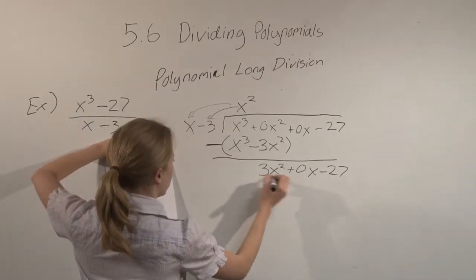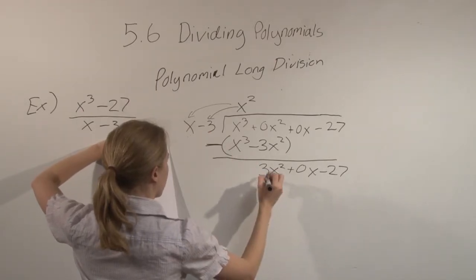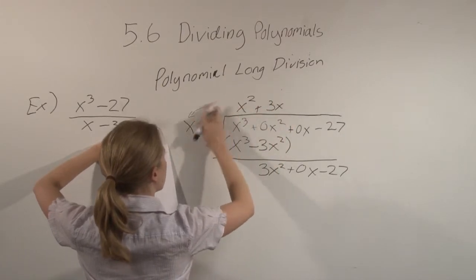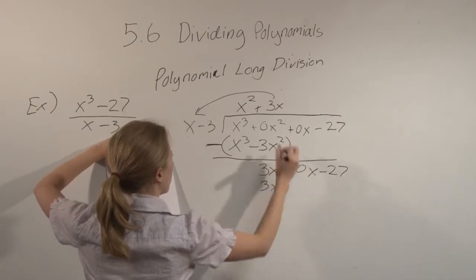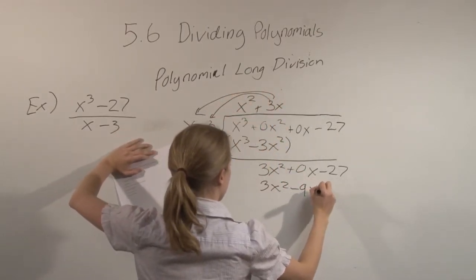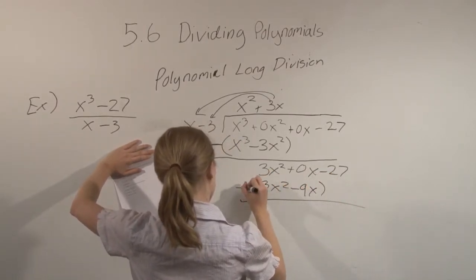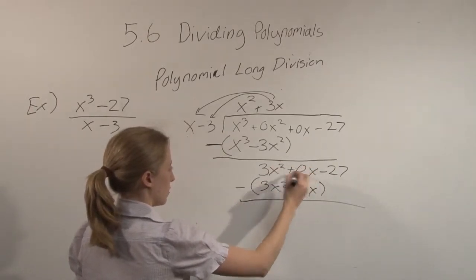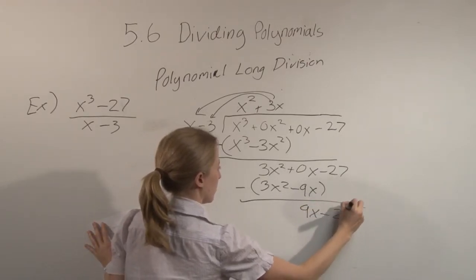So I'm going to multiply by 3x up here. 3x times x is 3x squared, and 3x times negative 3 is negative 9x. Again, I put the parentheses and I subtract. And so that is going to be 0 minus negative 9x, which is positive 9x, minus 27.